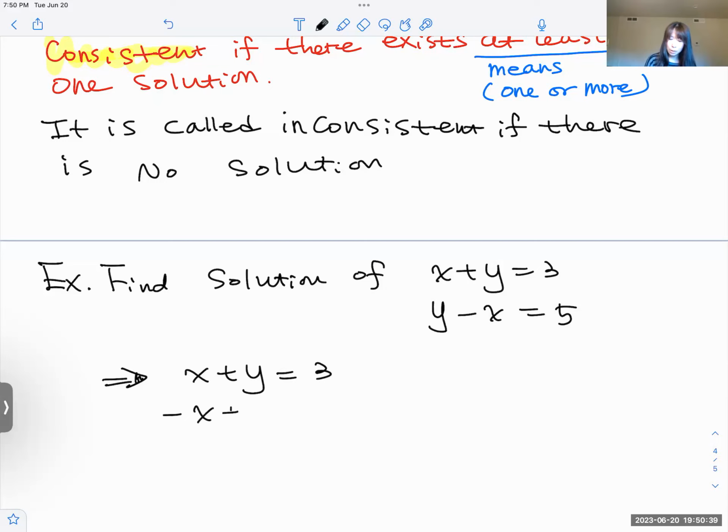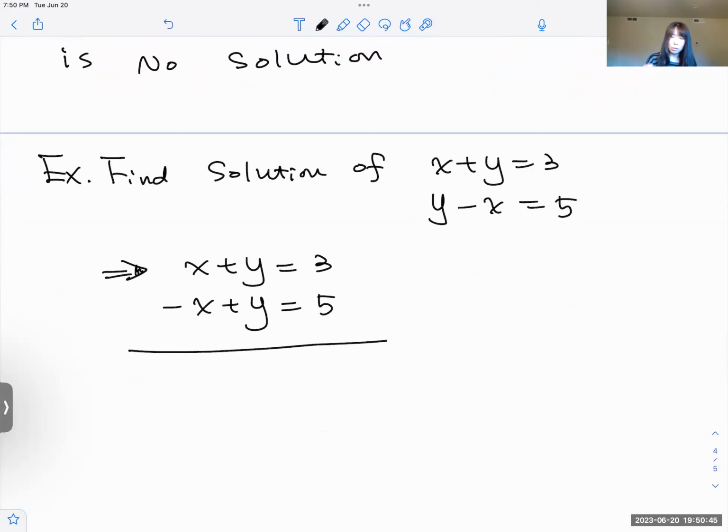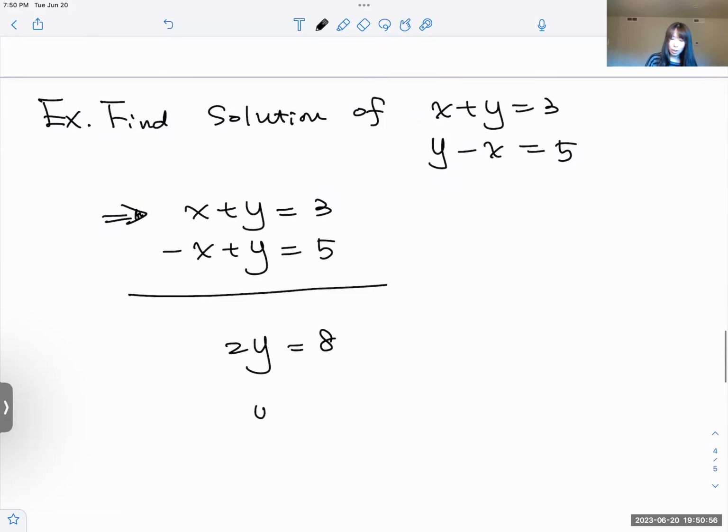So negative x plus y equal to 5, right? Okay, so we can simplify, cancel out, this is 0. So we have 2y equal to, we add them, we get 8, right? So y equal to what? 4, good job.